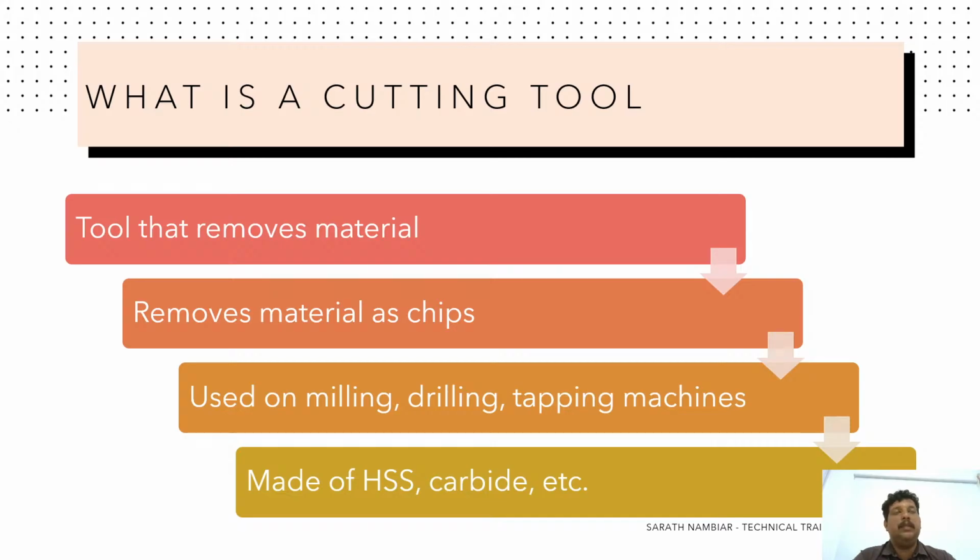So always remember the golden rule: tool hardness must always be greater than the workpiece hardness. This is the foundation of machining. Cutting tools are used in milling, drilling, tapping, reaming. There are many cutting tools which we will be seeing today. And what are these made of? These cutting tools are made of HSS, carbide, and can have some coating.